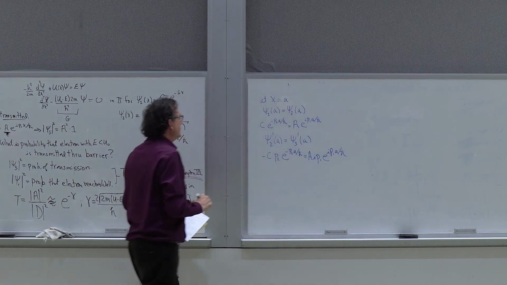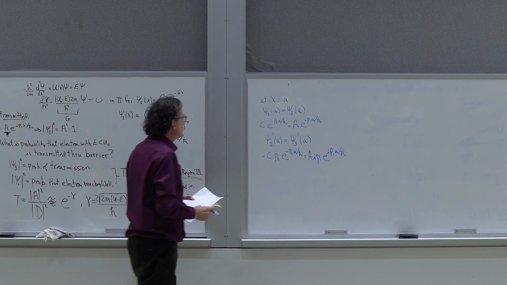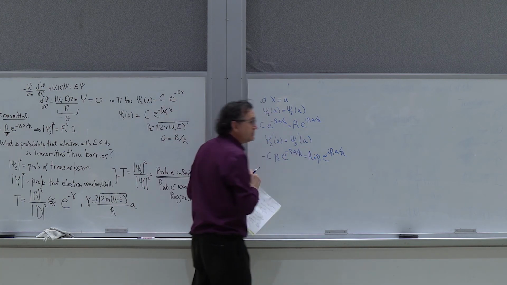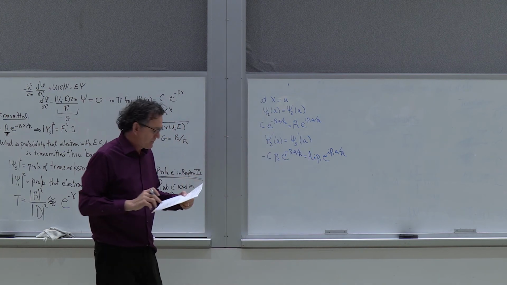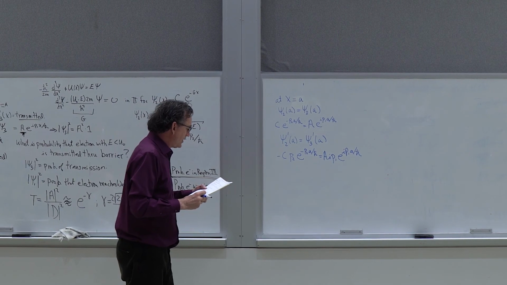So that is the condition that the first derivative is continuous across the boundary at x equals A. So that gives me a second equation.